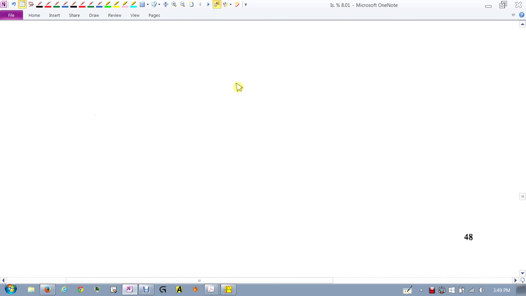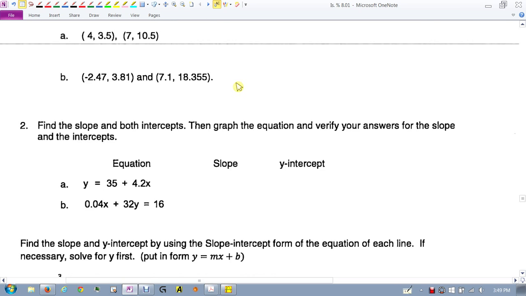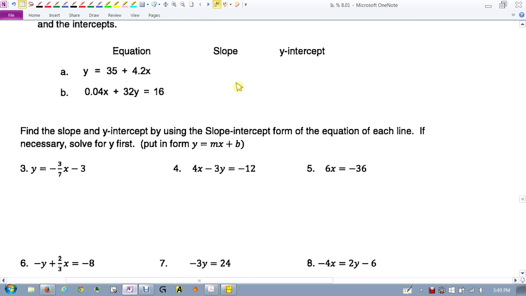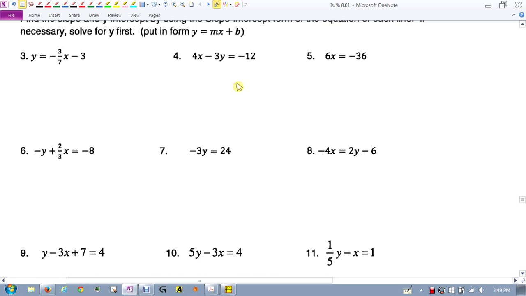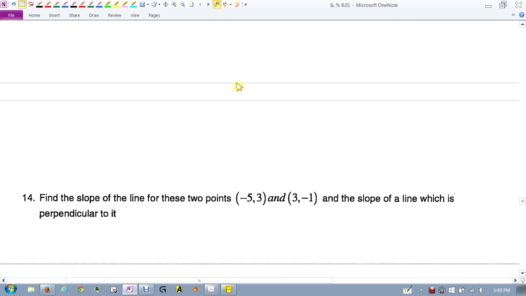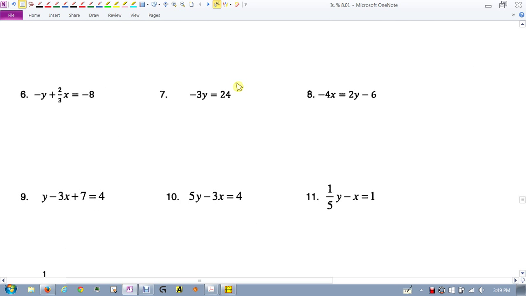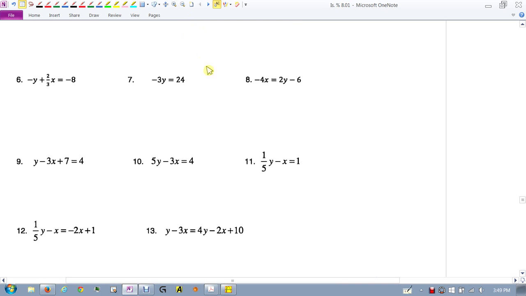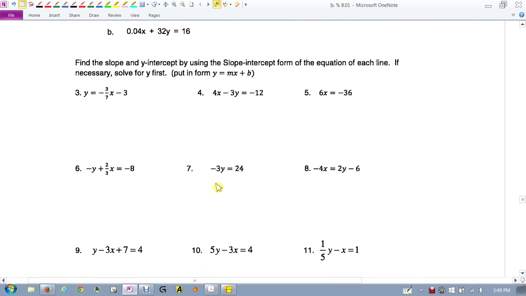Where does that homework start? Okay, I'm looking at, this is page 49. On page 49, they ask you to find the slope and y-intercept by using the slope-intercept form equation line. If necessary, solve for y first. So put it in this form.